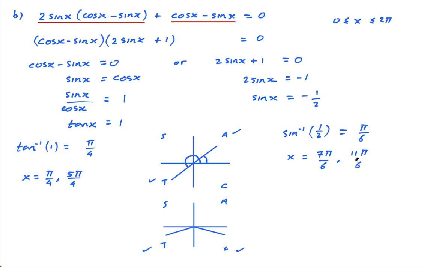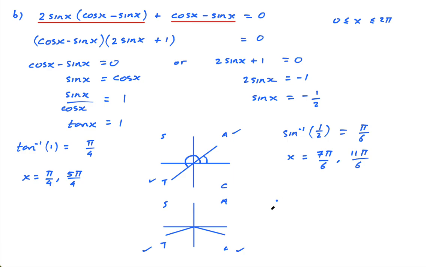So guys, these I know are always not easy to do. Just make sure you can do them all. So again, if you want to think of it as 1 pi over 6, 2 pi over 6, 3 pi over 6, up to 7 pi over 6, that's that solution, and on to 11 pi over 6, 12 pi over 6. And these are my 4 solutions then.